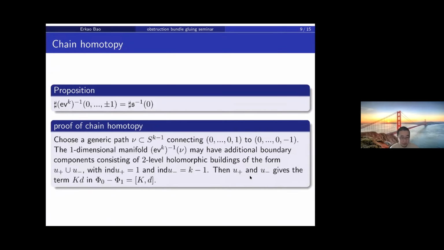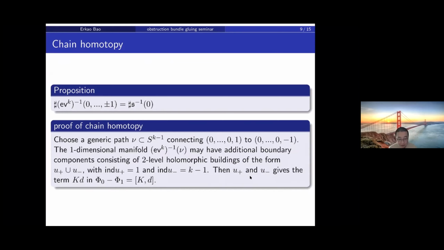So to show chain homotopy, we only care about the pre-image of the north pole and the south pole inside the sphere. And then we choose a generic path inside the sphere connecting the north pole to the south pole. And then we look at the pre-image of this path inside the moduli space. So this is a one-dimensional manifold.